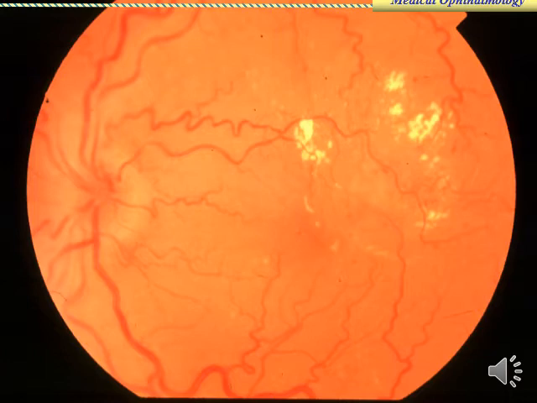The optic disc has ill-defined border. You cannot identify the border of the optic disc, with tortuous retinal blood vessels.